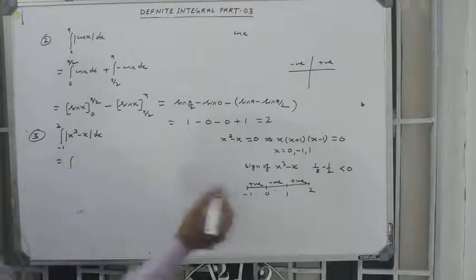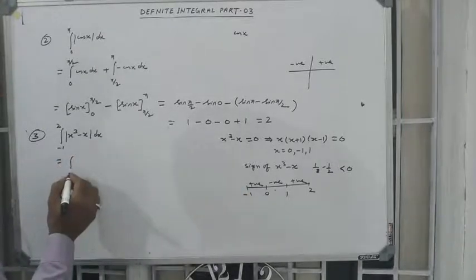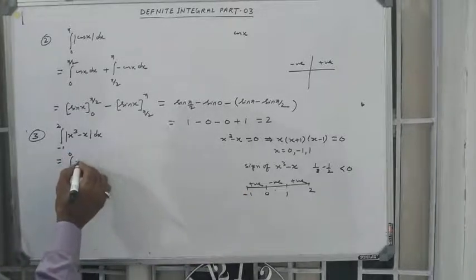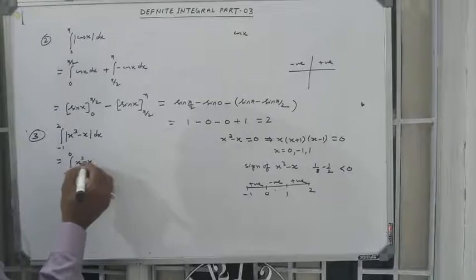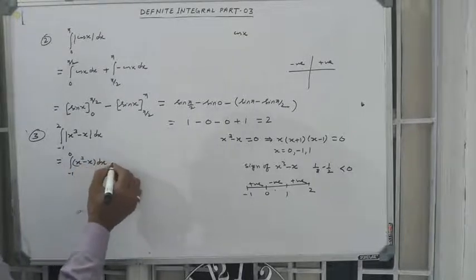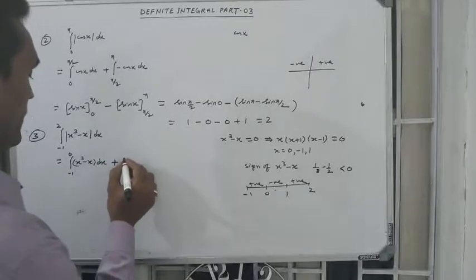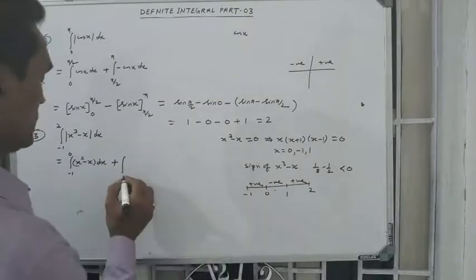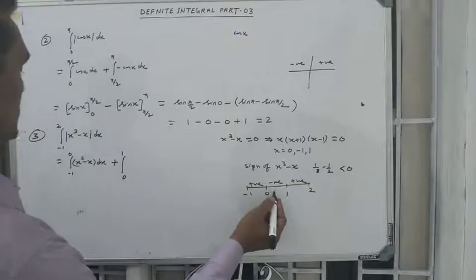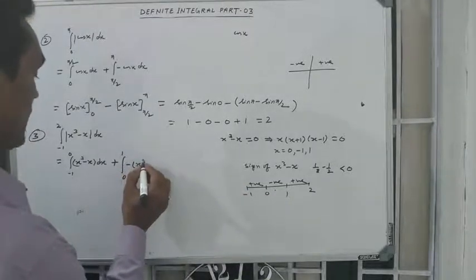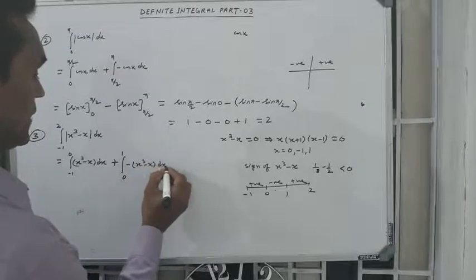First part starts from -1 to 0, and this is positive, so write down x cube minus x dx. Then plus 0 to 1, and this is negative, so we put a negative sign before this, x cube minus x dx.